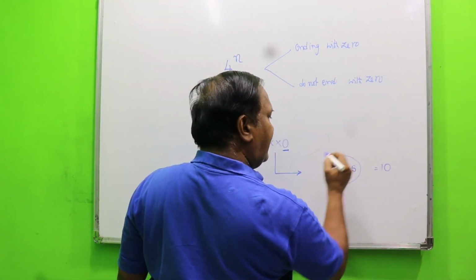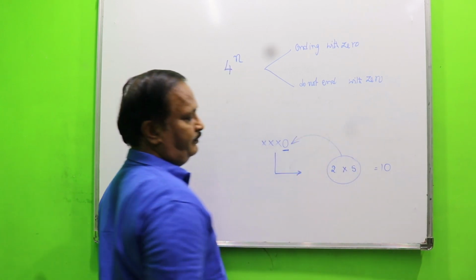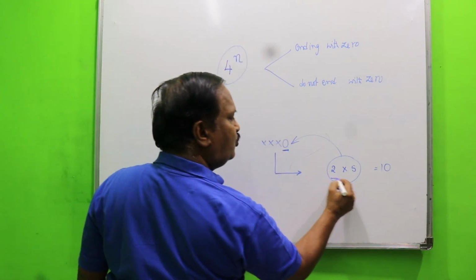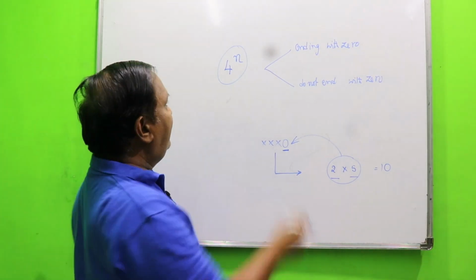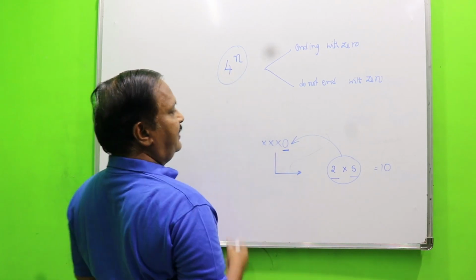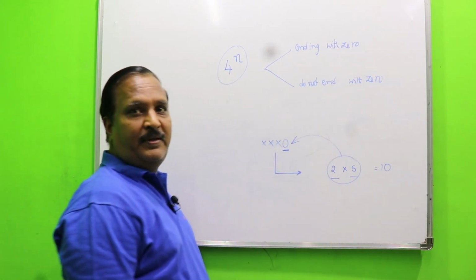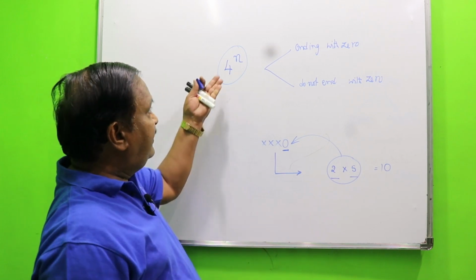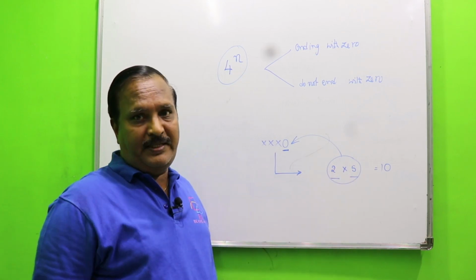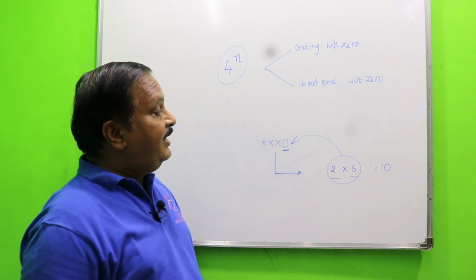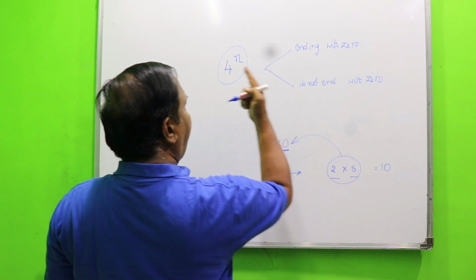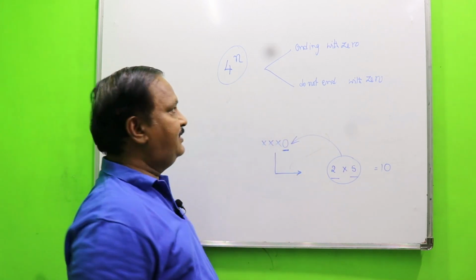So these factors 2 and 5 will give this 0. If this number has both 2 and 5 as factors, then this number ends with 0. So now we have to prove that it does not have both 2 and 5. If only 2 is there, no problem. If only 5 is there, then also there is no problem. So 2 and 5 together will give the last digit 0.